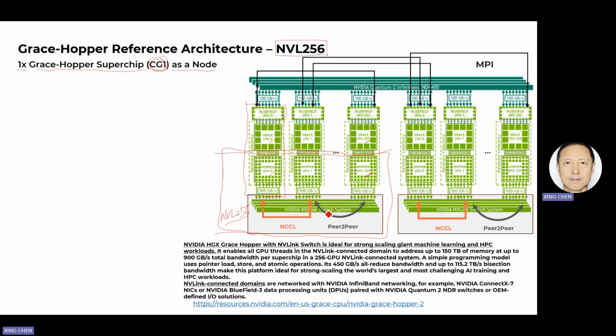If you still remember, in section 4 and section 5, we have discussed the two possible communication schemes for GPUs, intra-node and NVL domain.